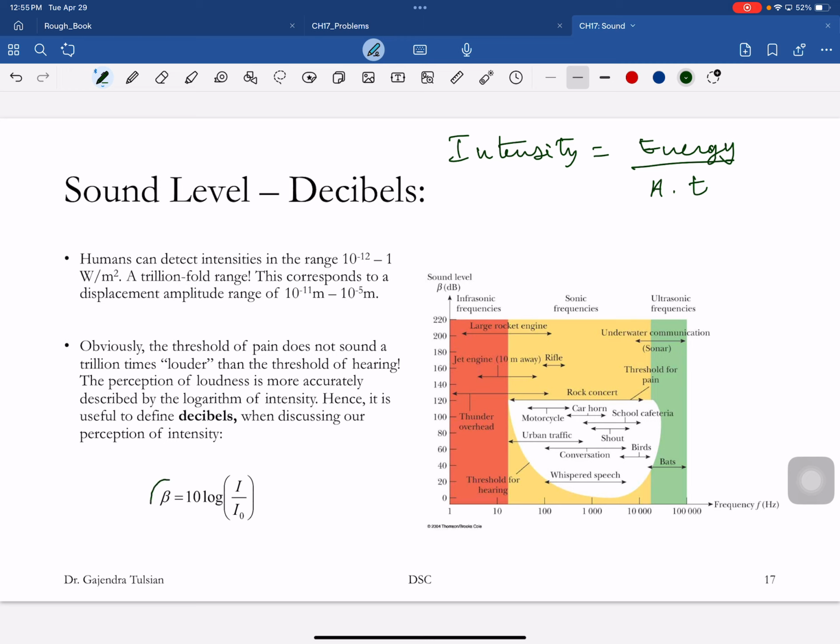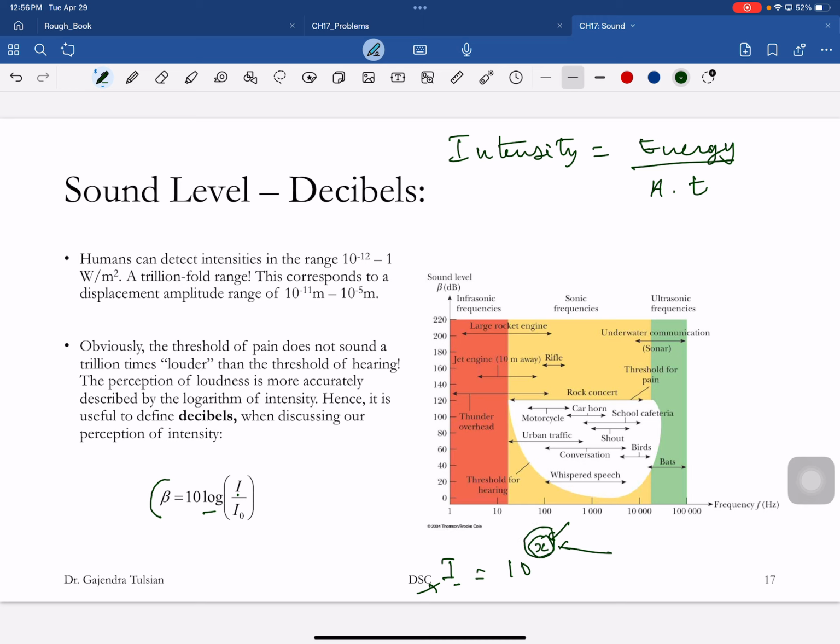So that's why we define the decibel scale. Your sense of loudness increases with the logarithm of the intensity, not with the intensity itself.